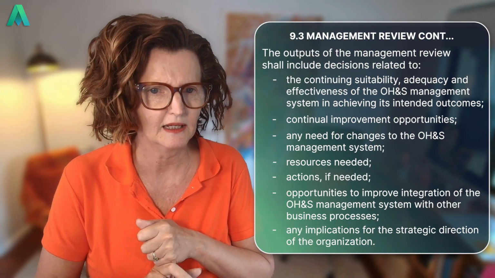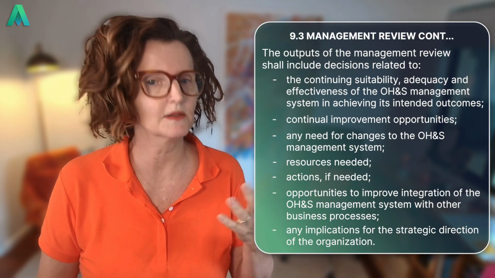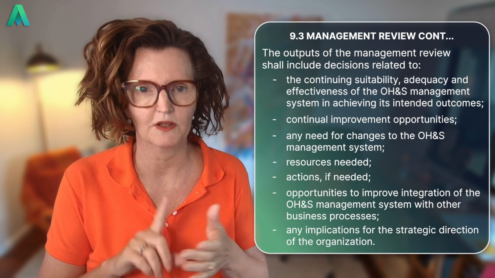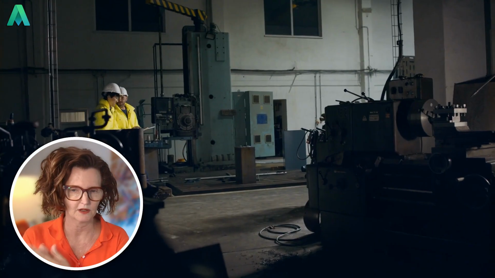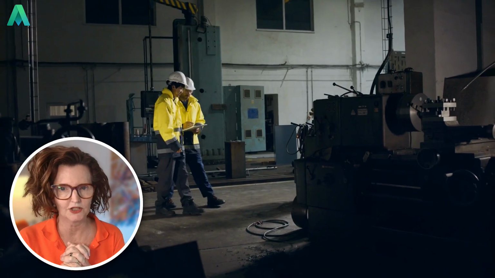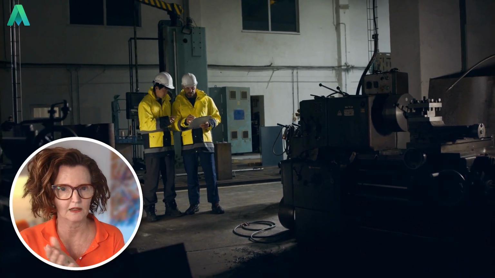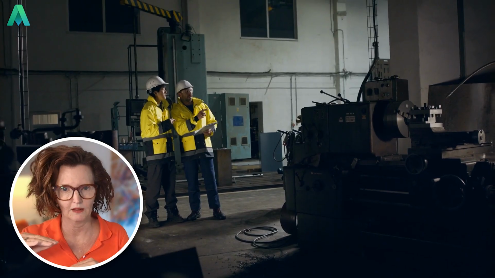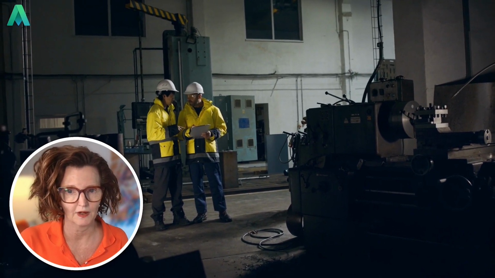And finally, the last bullet point for the outputs is any implications for the strategic direction of the organisation. Yeah, so the strategic direction is set earlier on under leadership. I think that's that very first clause there under clause 5. It's around, we set our objectives to be in line with the strategic direction as well.